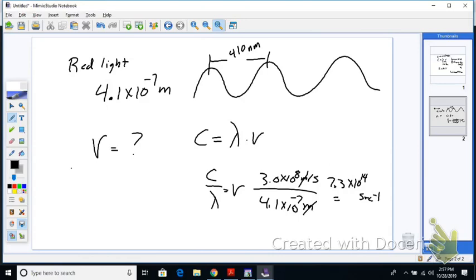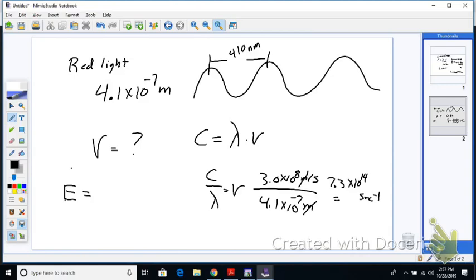So the next thing I'd like you to do is take that number and solve for the energy of that photon. We're going to get into photons, what they are. A photon is a bundle of energy that is sent out by the atom.